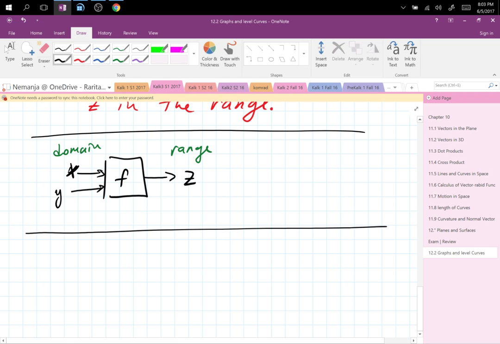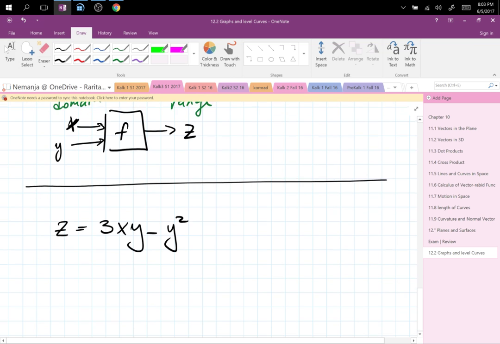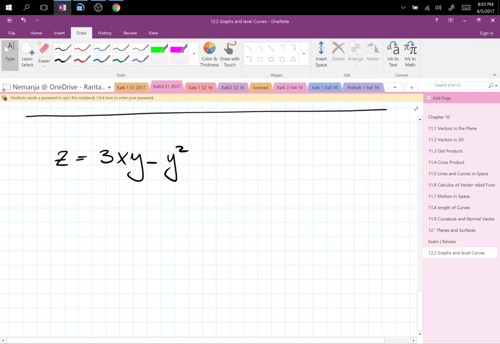So a quick example: z equals 3xy minus y squared. The most fundamental of all of these is compute z of 3, negative 1.